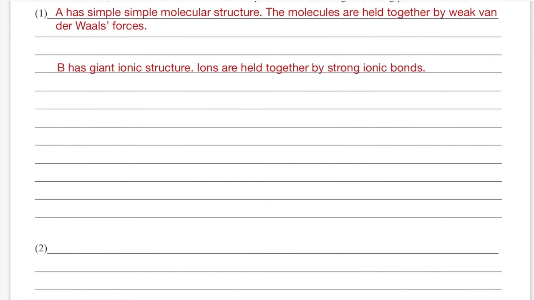Okay, so we finished describing the bonding in B as well. Then finally, we need to do comparison between A and B, how much energy is needed.